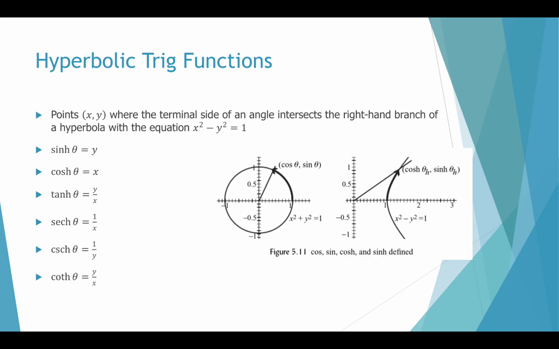sech, and that would be the reverse of cos, or the reciprocal of cos, so it's 1 over x. And then we have cosec, which is the reciprocal of sine, so it's 1 over y. And then we have cothan, which is, instead of being sine over cos, it's actually cos over sine. Are these the proper ways to say that?